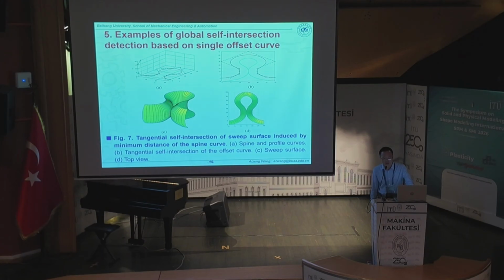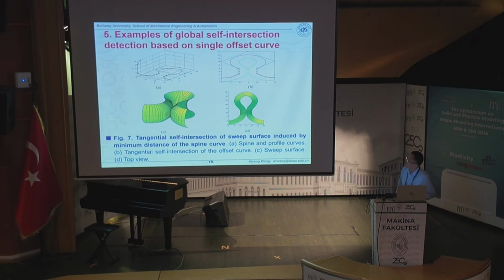In figure B, the green curve represents the span offset curve with the maximum offset distance. Figure C presents the result where a tangential critical global self-intersection point exists, which is also the only global self-intersection point.